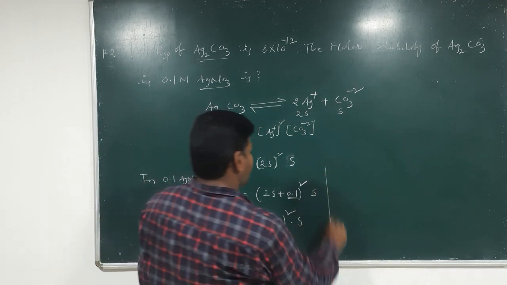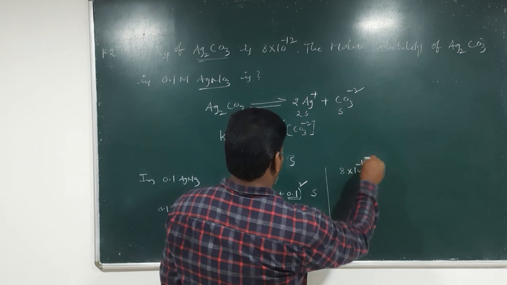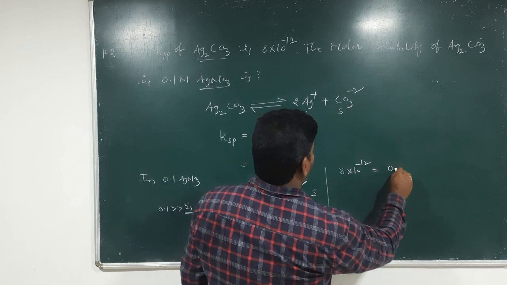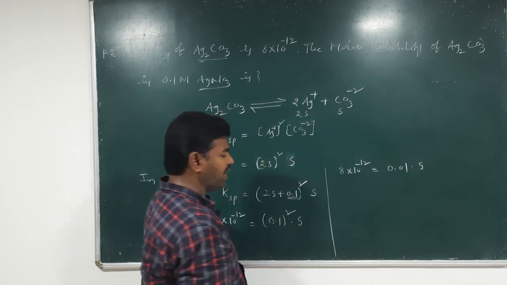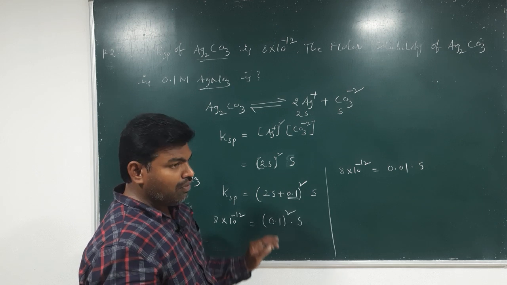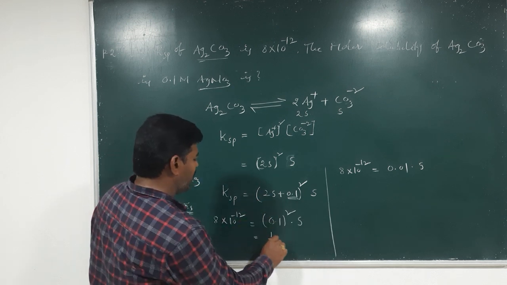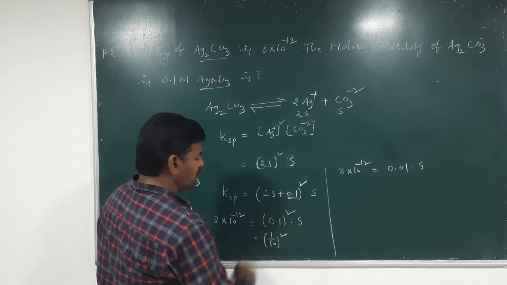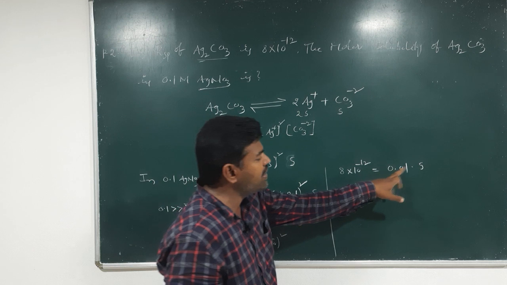So in the next step, 8 into 10 power minus 12 is equal to s into 0.1 whole square. 0.1 means 1 by 10, so whole square is 1 by 100, which is 0.01.